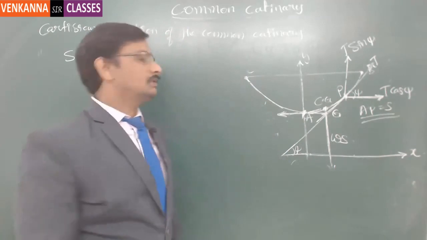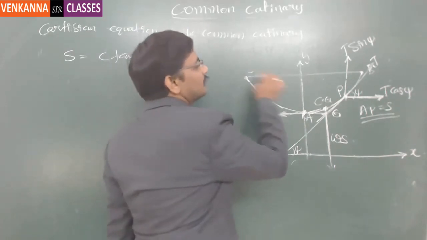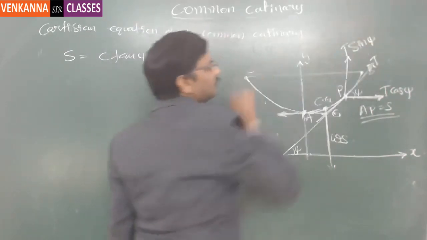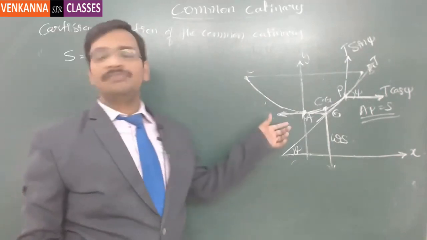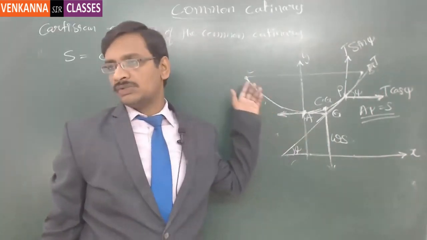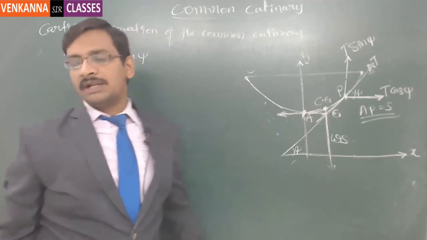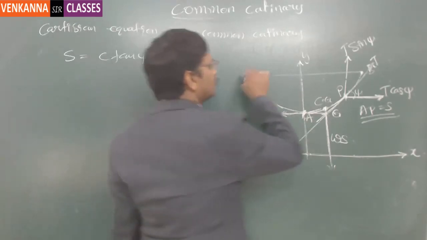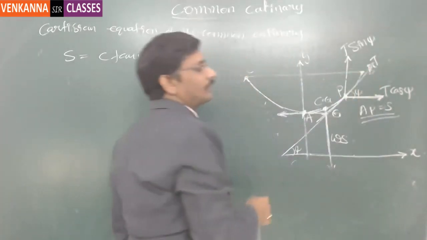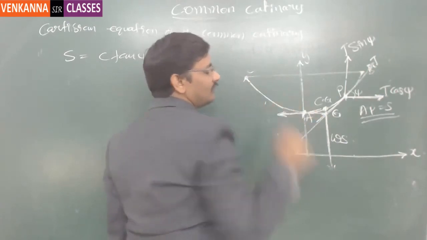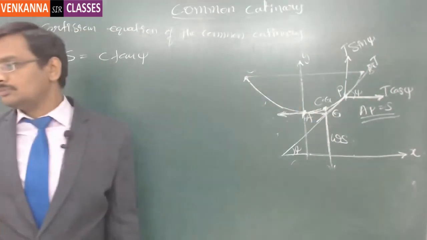Suppose B is at a higher point than C, then A may not be at the center, right? So when we deal with the common catenary, we are dealing only with cases where these two are at equal height. In such a case, A will always be under the midpoint. Got it?